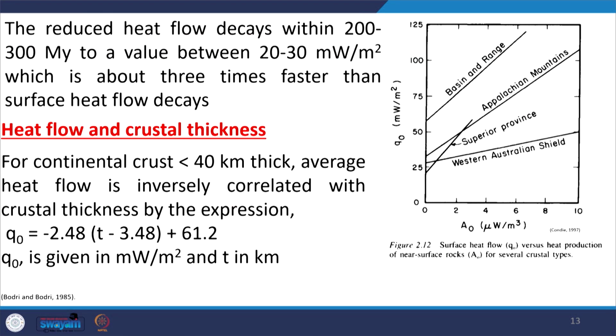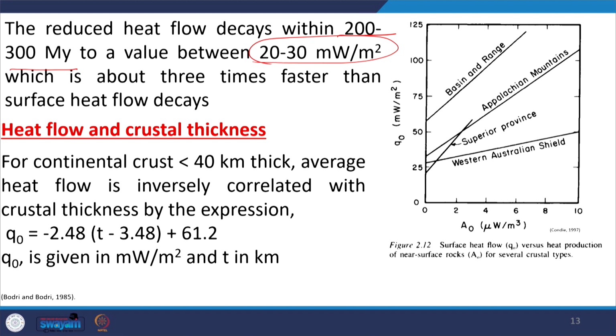The reduced heat flow decays within 200 to 300 million years to a value between 20 to 30 milliwatt per meter square, which is about 3 times faster than the surface heat flow decay.